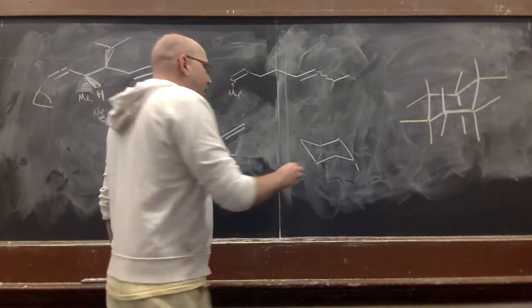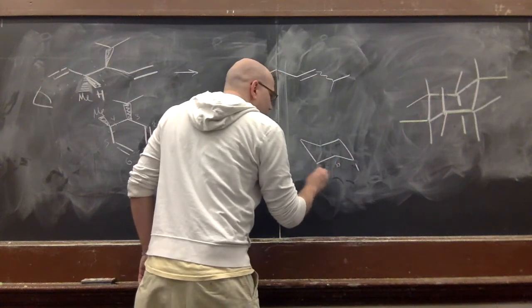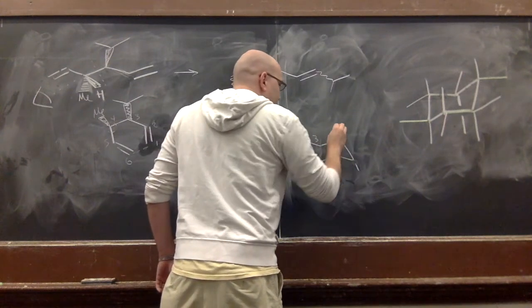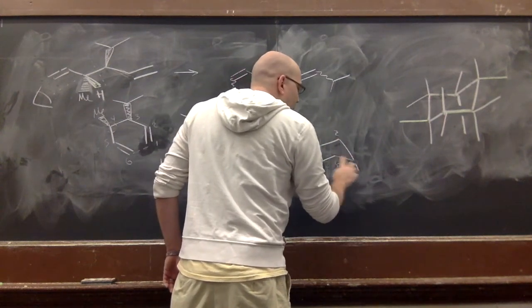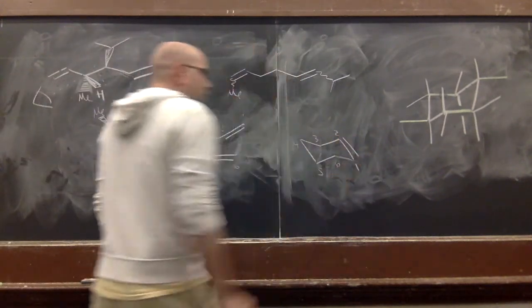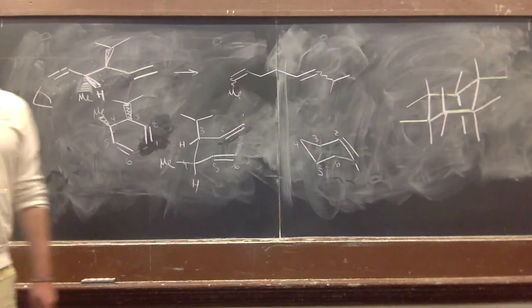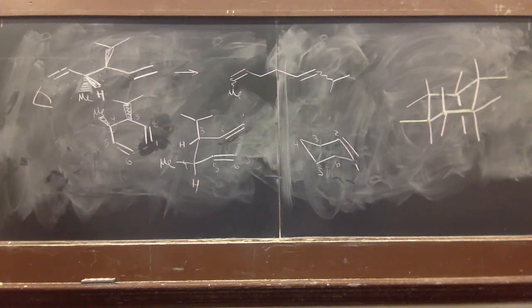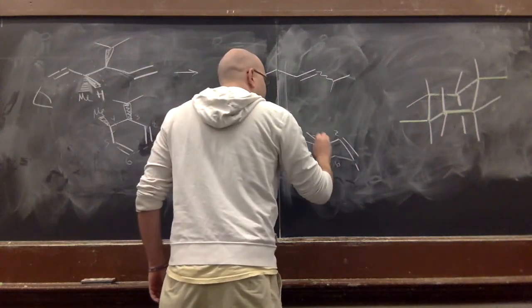So anyway, if we go ahead and number these, right? Now what we're going to have is that 1,6 bond. Right, we're going to have that alkene. Now the 3 is what? Equatorial, right? It's going to be up equatorial.